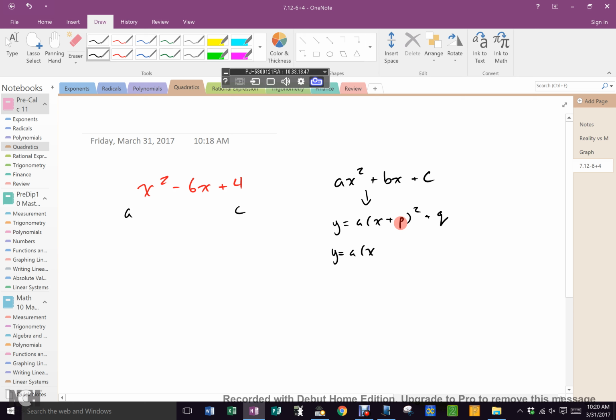Okay. But with the letters I have here, how did I get P? I had to do what here? What do I do to get rid of this A? I would divide everything by A, wouldn't I? So B is going to have what happen to it?